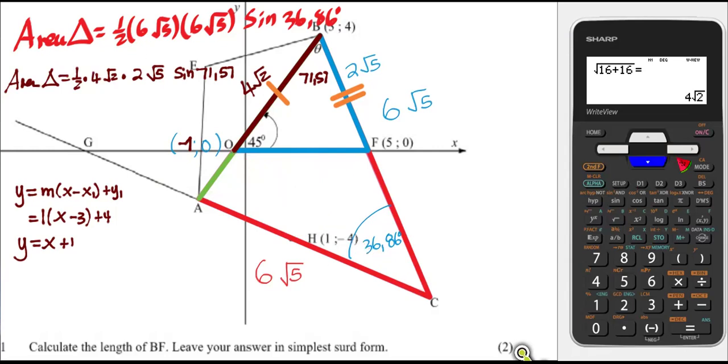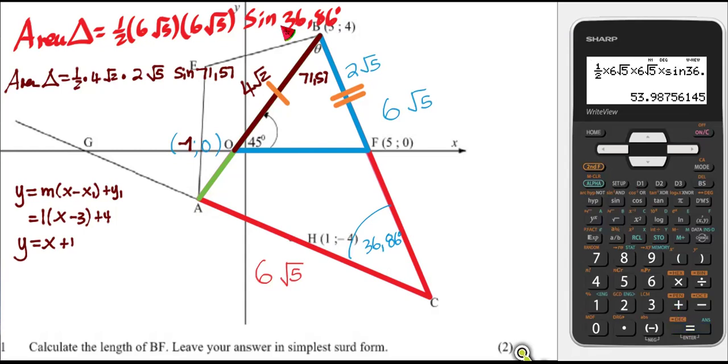So I'm just going to take the red first. I'm going to go 1 over the 2 and then times 6 square root of 5, times 6 square root of 5, sine of 36.86. Equals.